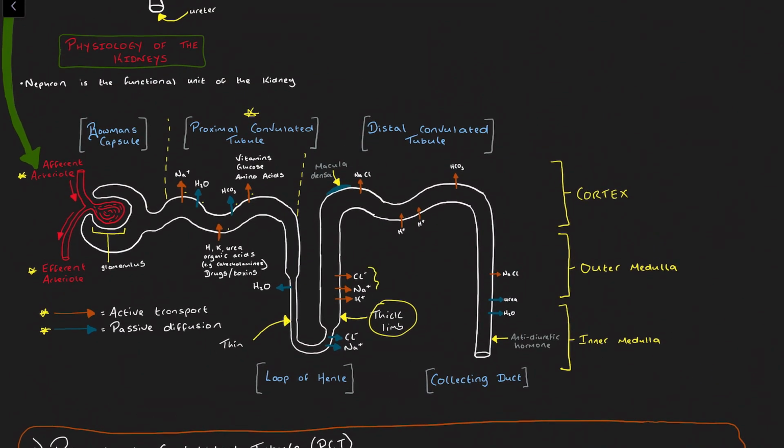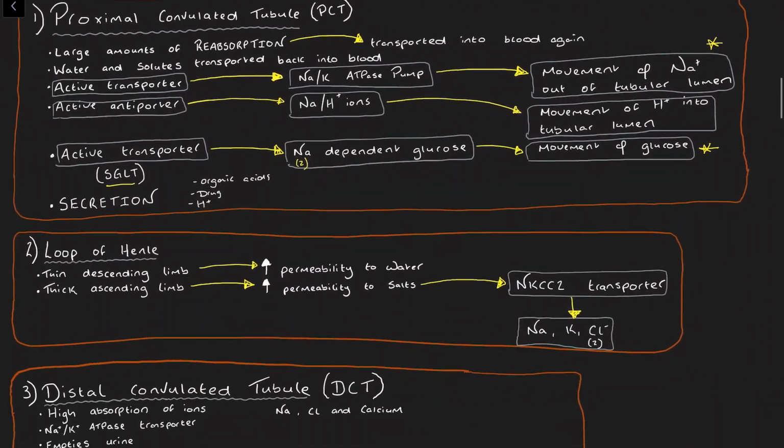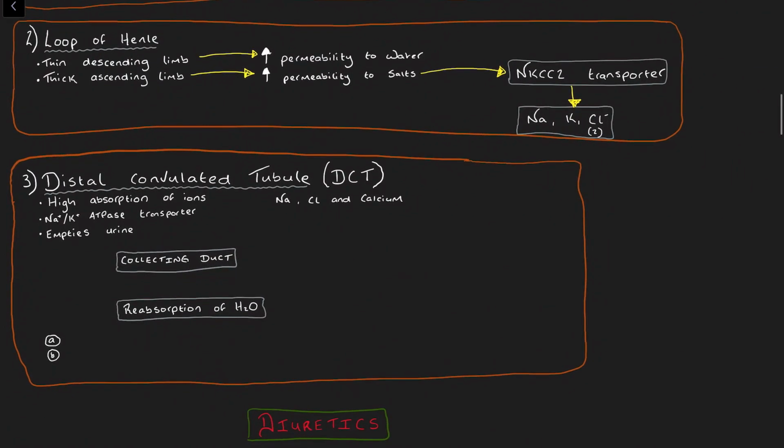So further along the nephron, the ascending limb of the loop of Henle then coils again to form another region called the distal convoluted tubule. The role of the early distal convoluted tubule is the absorption of ions, which include sodium, chloride, and calcium.